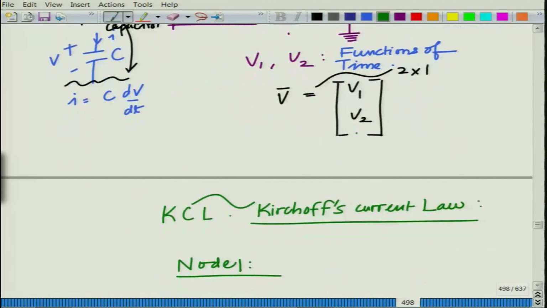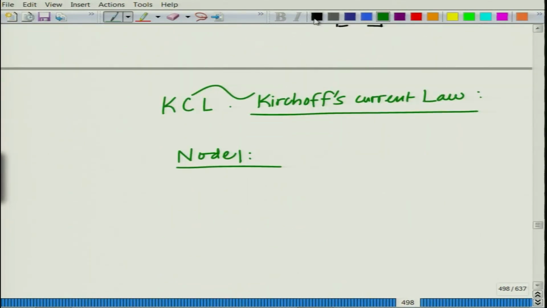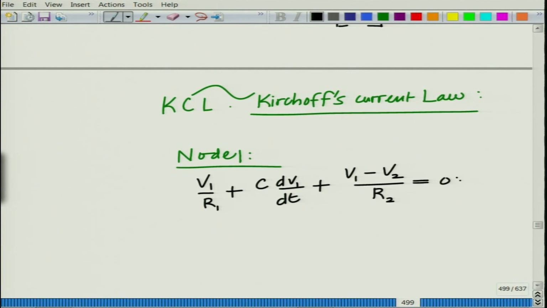So using the principle that the net outgoing current is 0, we have V1 by R1 plus C1 dV1 by dt plus V1 minus V2 by R2 equal to 0.